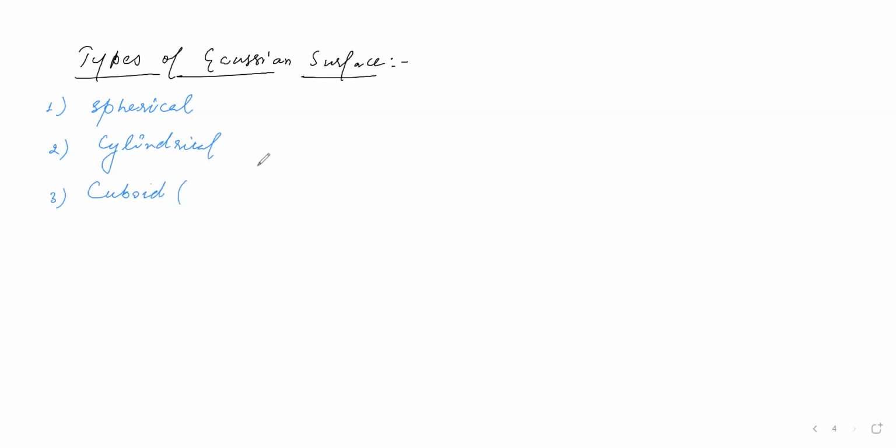The cuboidal type of Gaussian surface is also known as a Gaussian pillbox. Please note it down. Then I will describe it in detail.